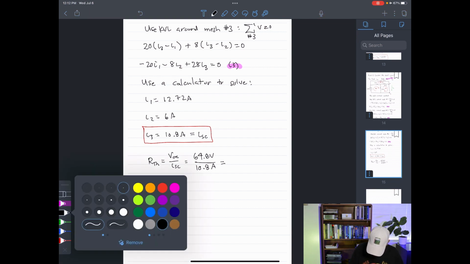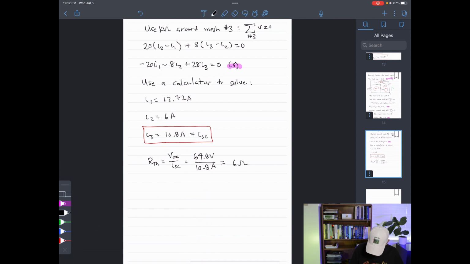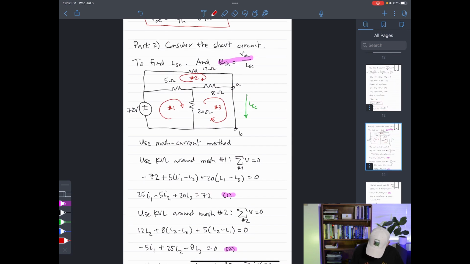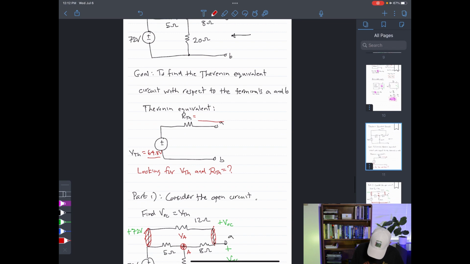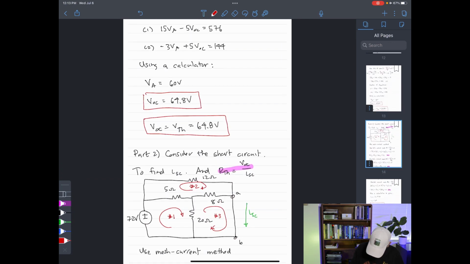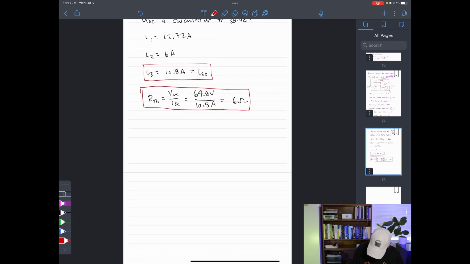Our Thevenin equivalent circuit to the original consists of a voltage source, where the Thevenin voltage is the 64.8 volts. The Thevenin resistance is the very pleasing 6 ohms. And then we have our terminals A and B. So this is our solution.